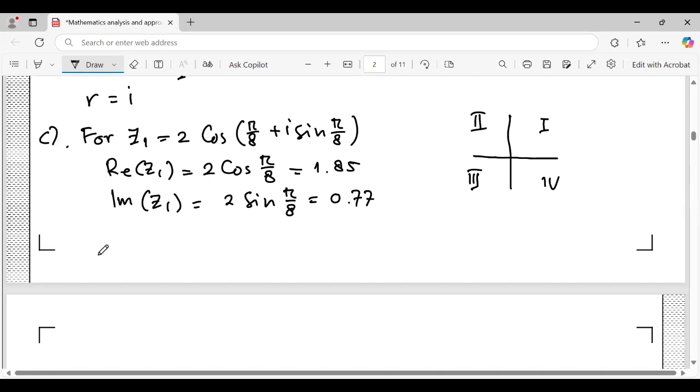Next, this is for Z1, and this is A. So the A coordinate, if I write it here, is 1.85, 0.77 on the Argand diagram. This is the imaginary axis, and this is the real axis.